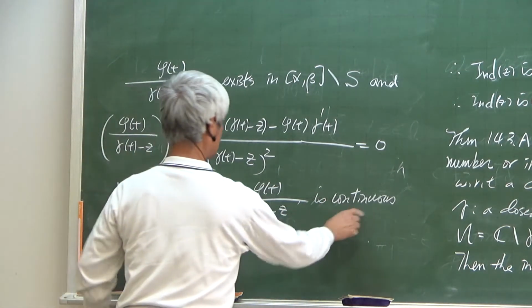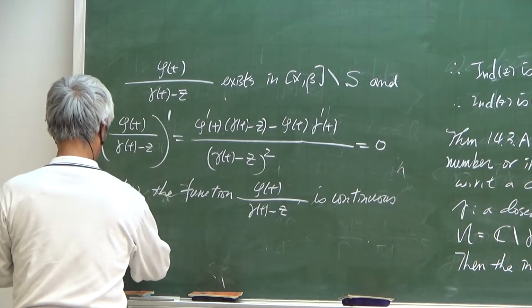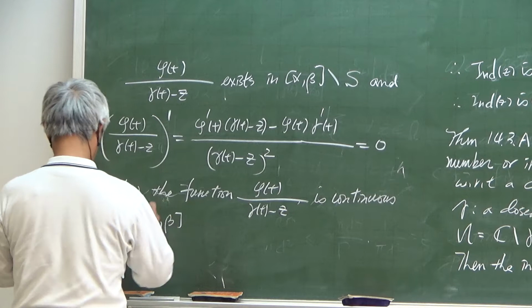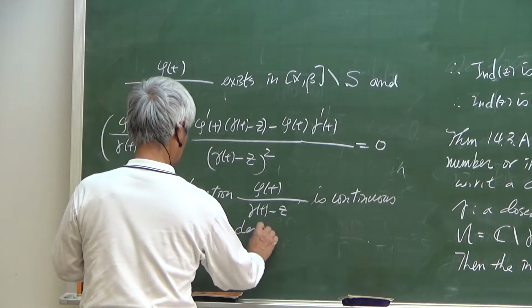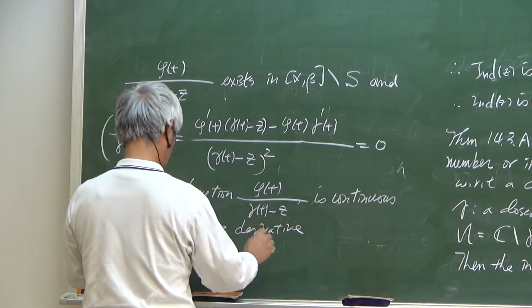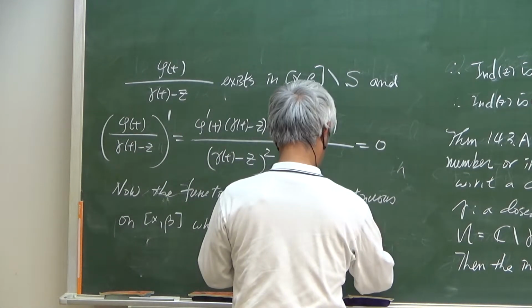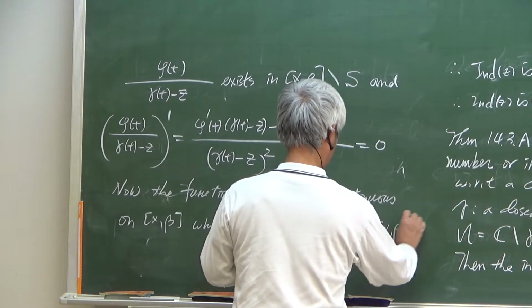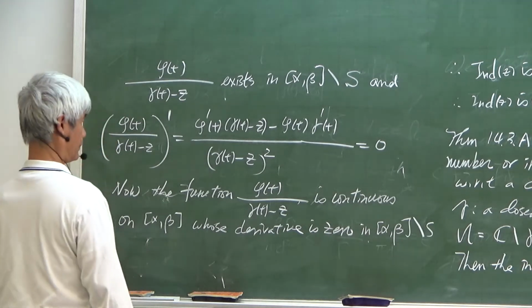So this function is continuous on the whole interval, and its derivative is 0 in alpha beta excluding the finite set.